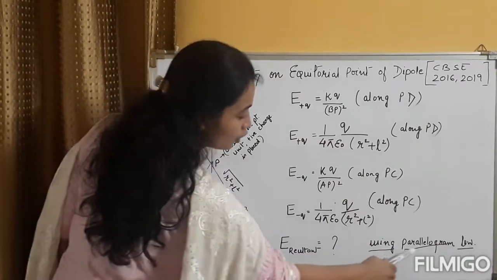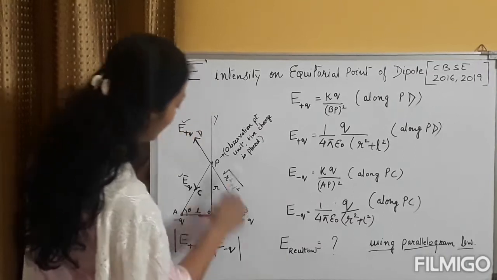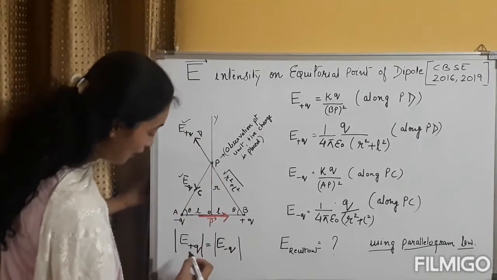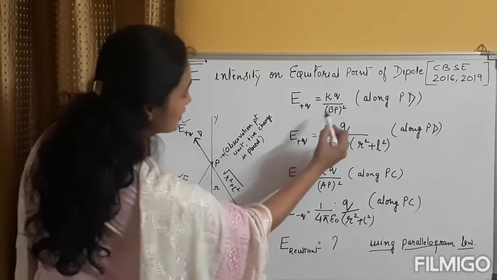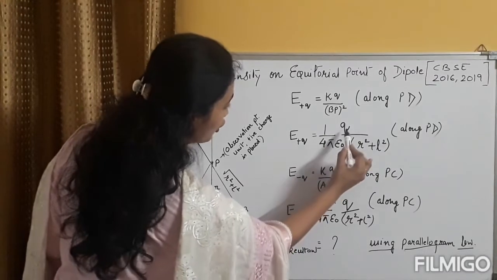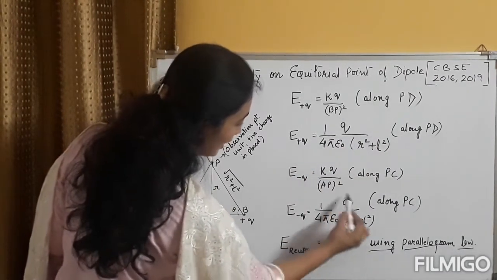We will use parallelogram law of vector addition and find the resultant of these two electric fields, and you have to keep it in mind that magnitude wise, can you see it clearly? E plus Q magnitude is 1 by 4 pi epsilon naught Q by this. E minus Q magnitude is also the same thing.